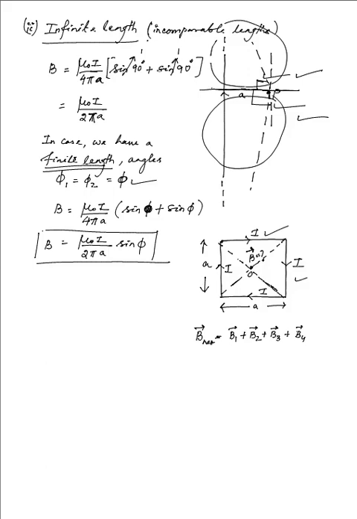So B net, that is the net magnetic field at the center that is supposed to be determined, is actually the vector sum of the individual magnetic fields as far as the principle of superposition of the vectors is concerned. So you use the principle of superposition over here and you obtain the net magnetic field at the center. Remember, if the magnetic fields are oppositely directed, they will simply cancel out each other, and if they are in the same direction, they will add up directly, which will be the case over here.